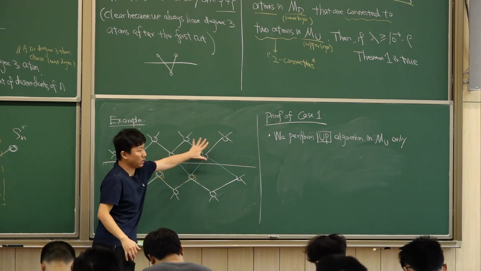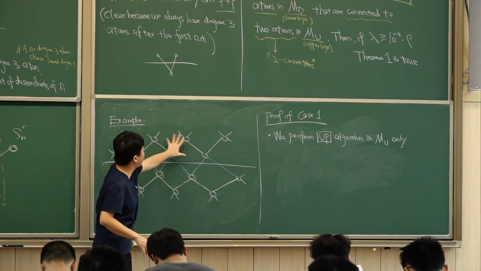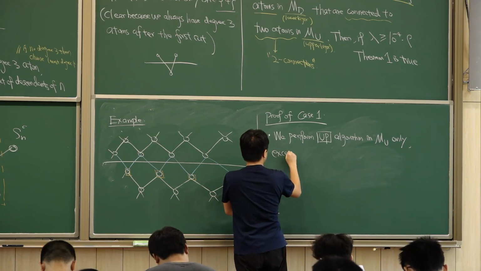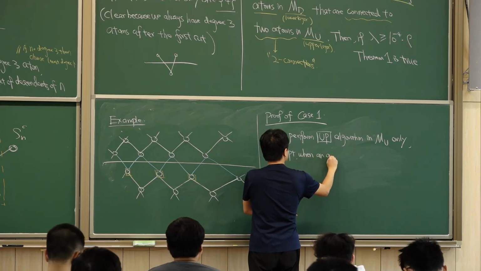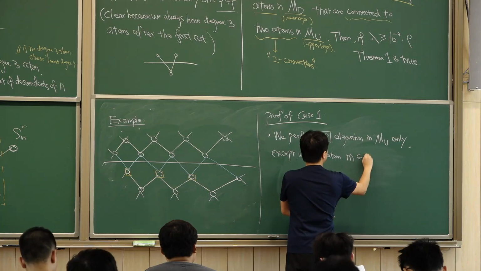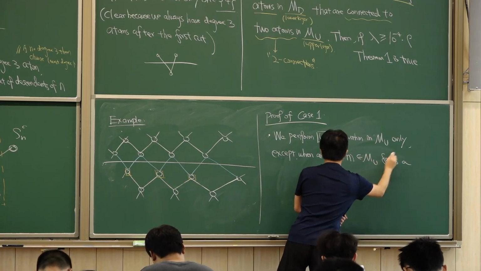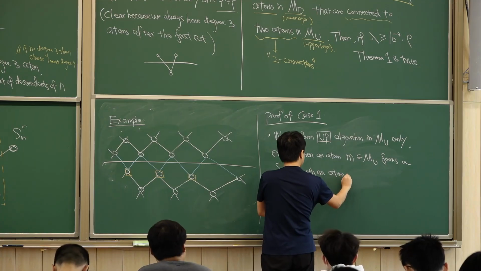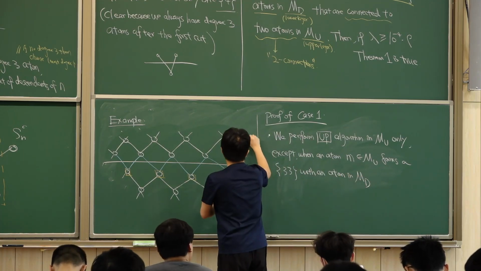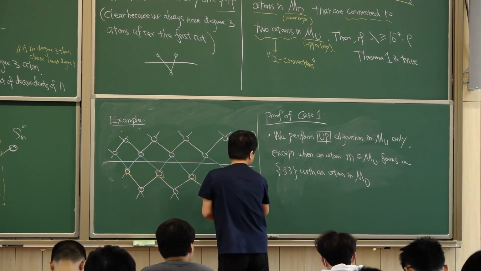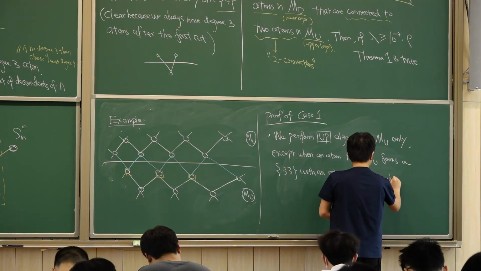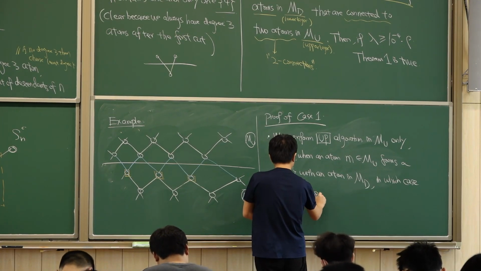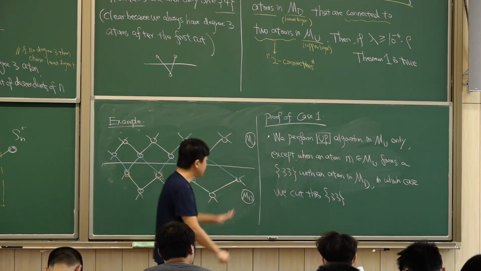So just imagine M_D doesn't exist, we just apply our ARC algorithm in M_U, except when an atom N in M_U forms a 3-3 with an atom in the lower layer N_D, in which case we cut this 3-3.